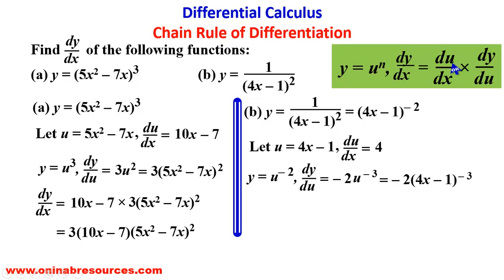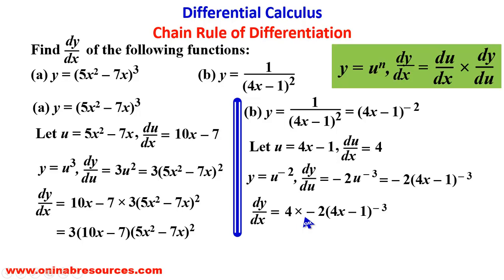So from here, we go ahead to find our dy/dx, which is the product of du/dx and dy/du. Our du/dx is 4, then times our dy/du is minus 2 into 4x minus 1 all to the power of negative 3.